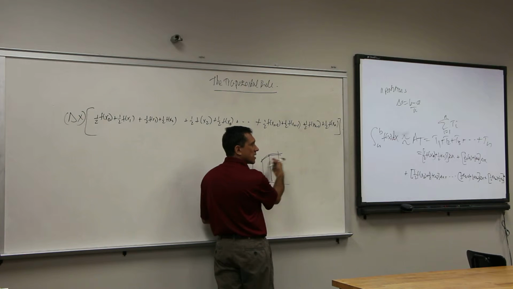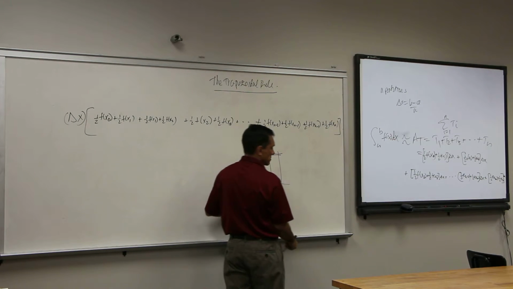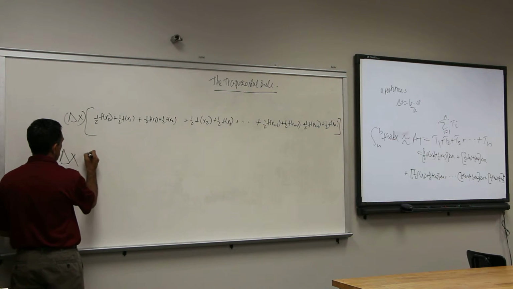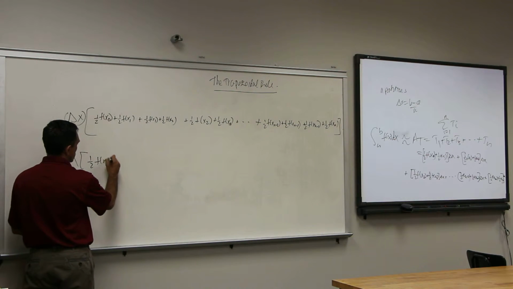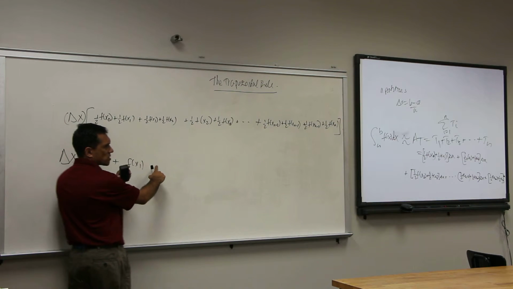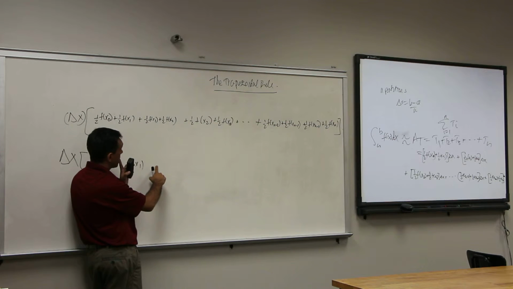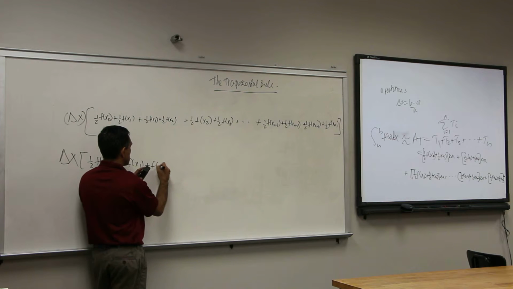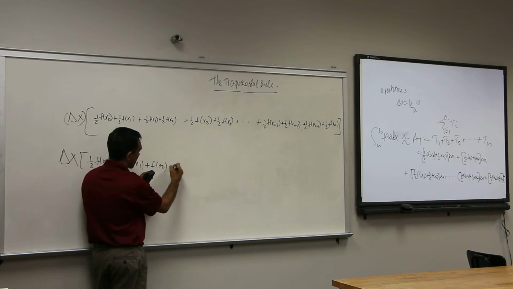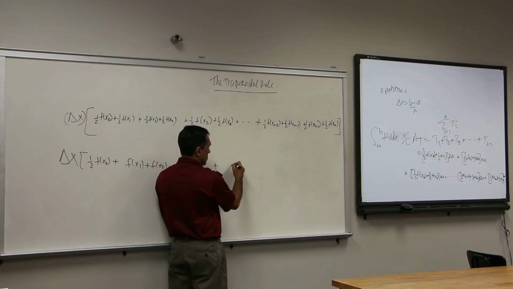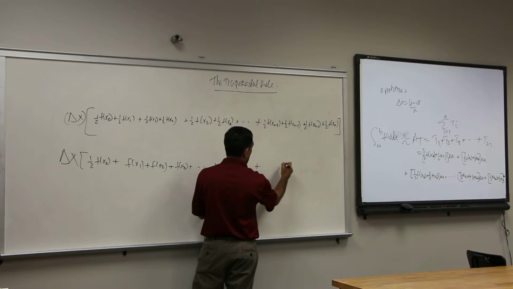You use this one twice, here and here. f of? How many f of x1? 1. How many x3? You get 1. How many xn minus 1s? 1. How many xn?